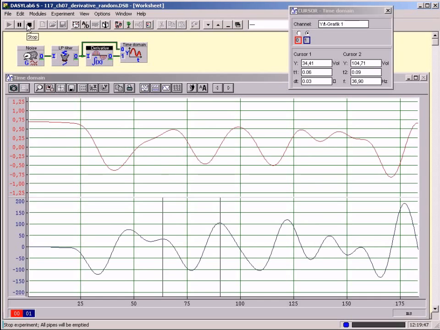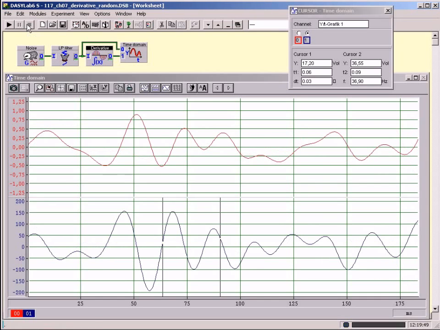Try to answer the following questions. At what points of time do local maxima and minima occur in the case of the blue differentiated output signal? What property does the red input signal have at these points of time?